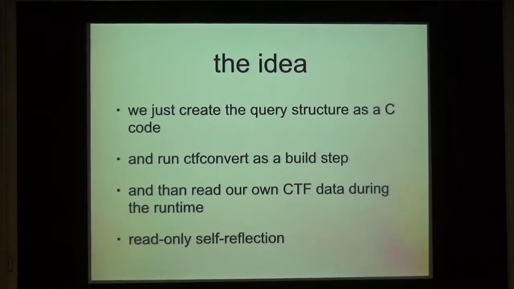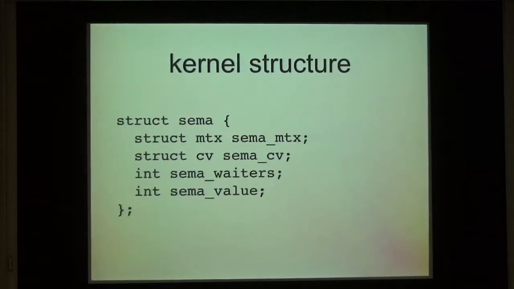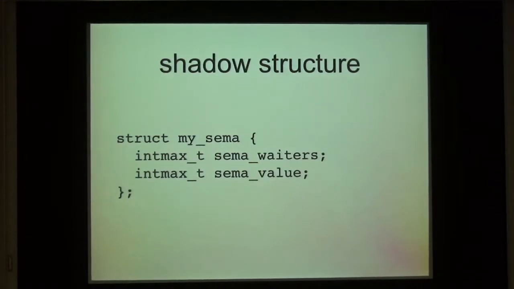Here is a very simple kernel structure for a semaphore, and it contains just four members. Let's say that we're interested in the last two, because they're just integers. It's simple enough. So we create this shadow structure or query structure, however we call them, that looks quite similar, although it can be an exact copy or a subset of the real kernel structure.